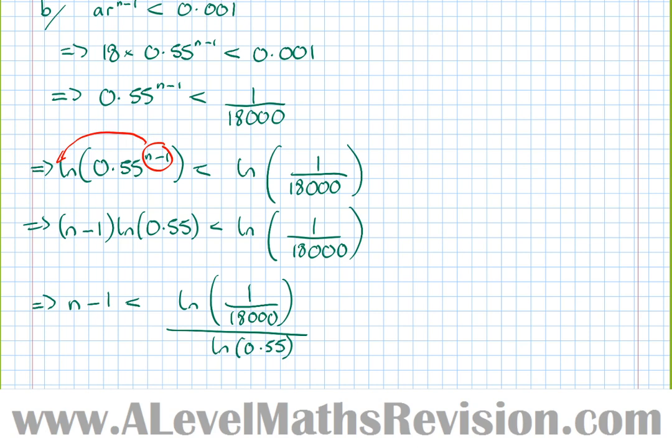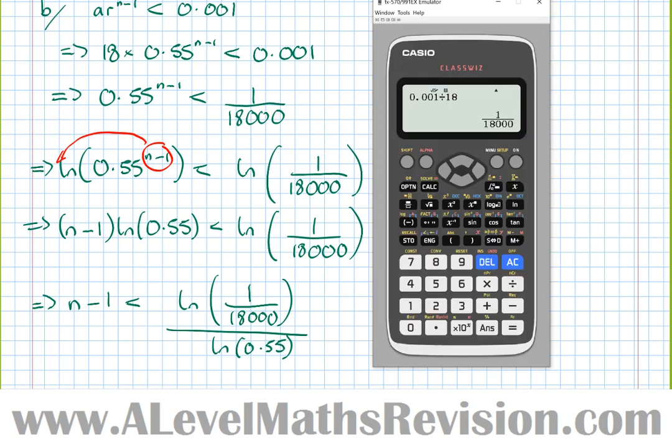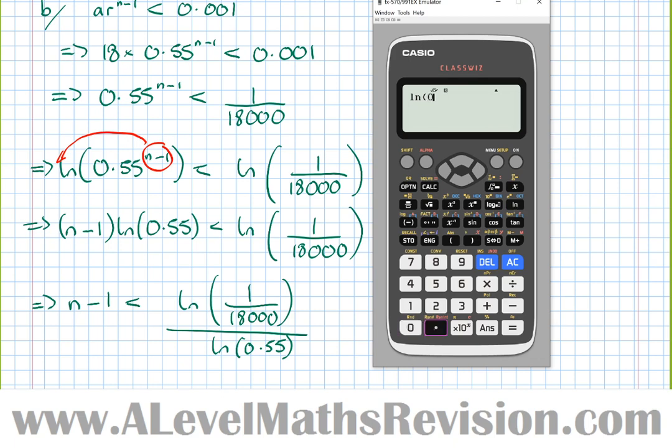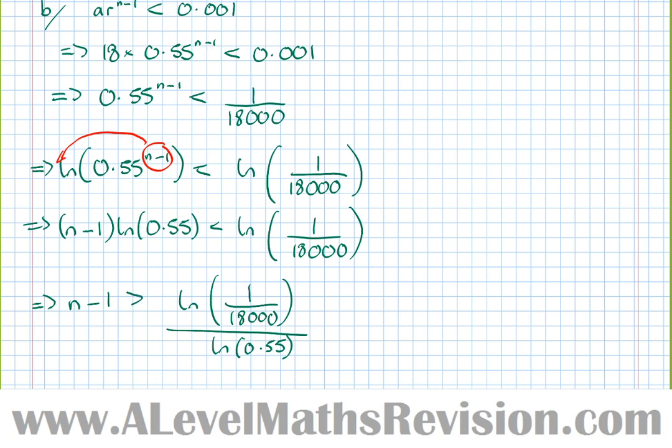The reason is that ln of any number between 0 and 1 is negative. So actually, I need to flip the inequality sign. Always look for dividing by logs of numbers between 0 and 1, because it flips the inequality sign the other way around.